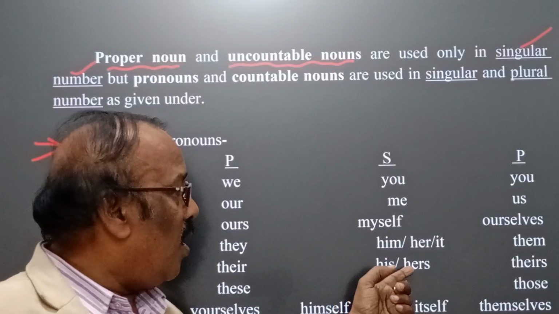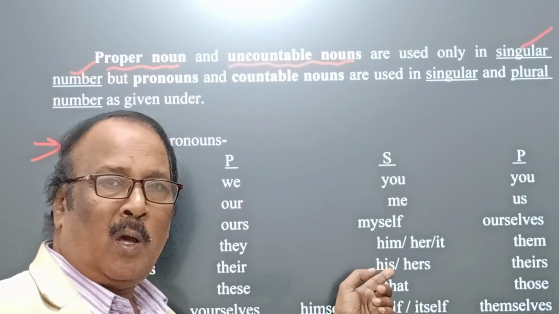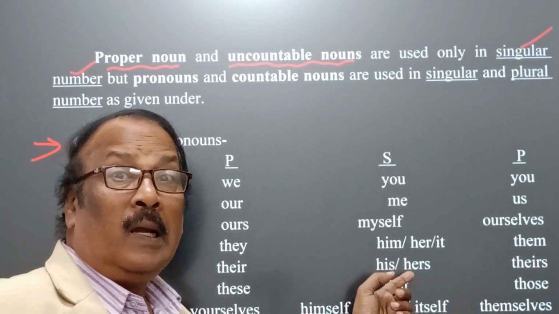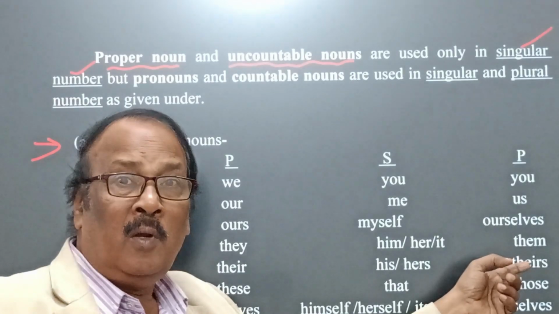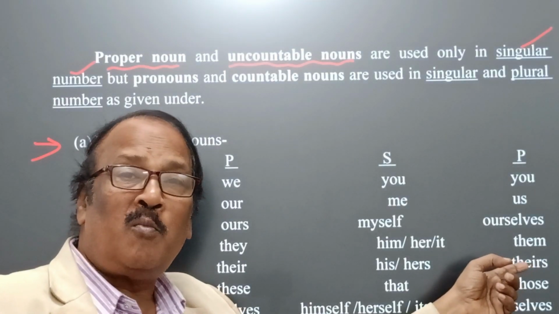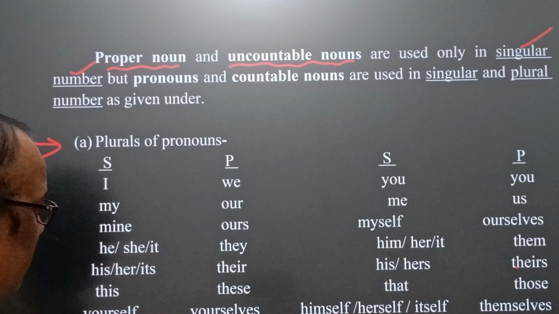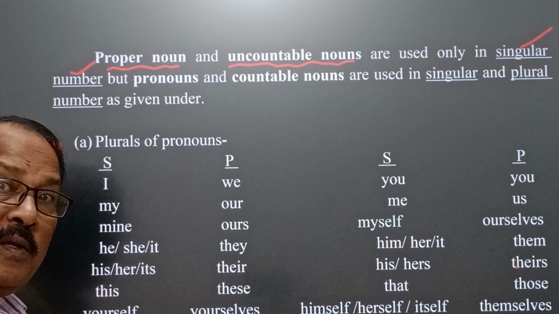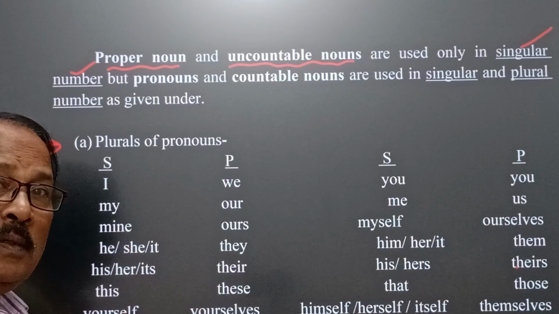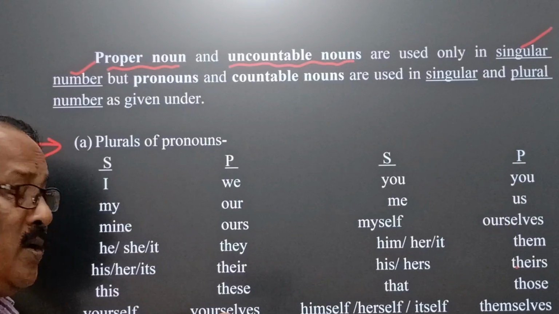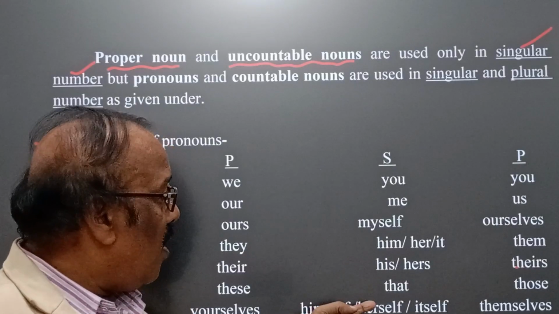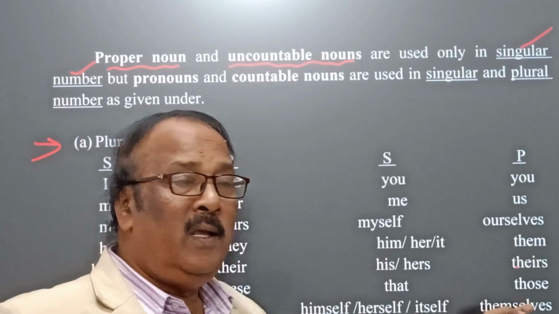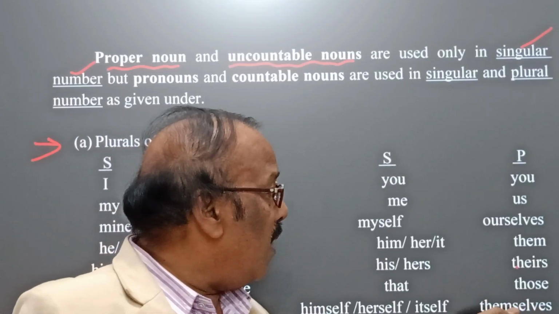Again, his, hers, these are the possessive forms of he or she. Theirs is the possessive form of personal pronoun they. Yourself is the self form of you; in plural, yourselves. Himself, herself, itself; in their plural, themselves.